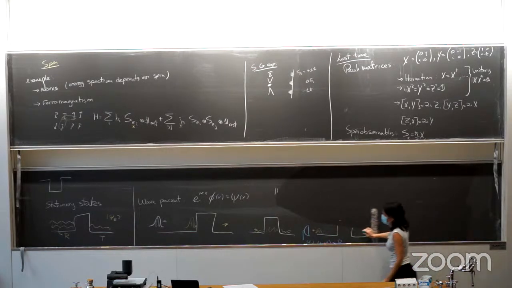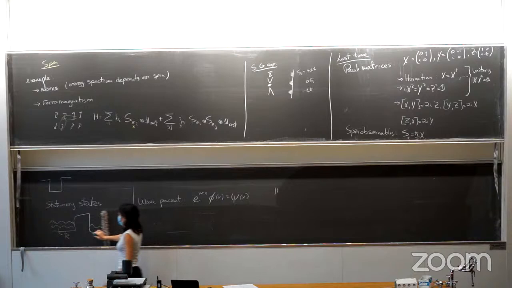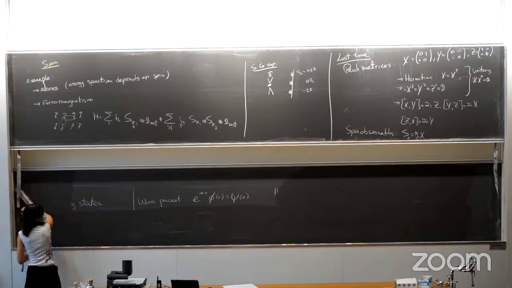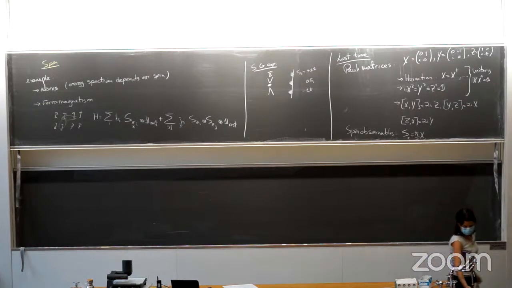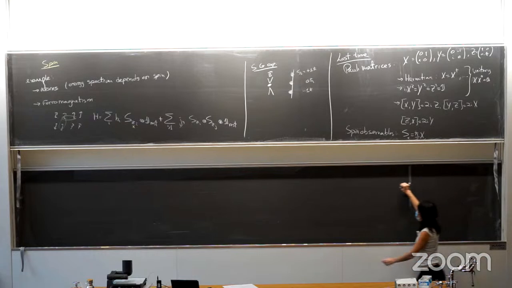So now the one important thing that we'll keep from here is going to be the commutation relations of these observables. And this I'll write here.